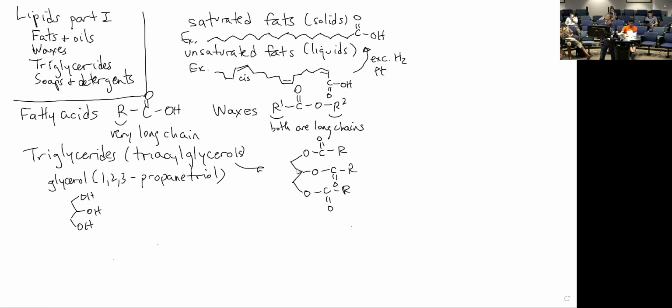This is the carboxylic acid portion, and all we've done is we've removed water 3 times and made ester functional groups. That reaction we'll talk about more in a later chapter, when we talk about esterifying carboxylic acids. But this is what a typical triglyceride or triacylglycerol looks like.